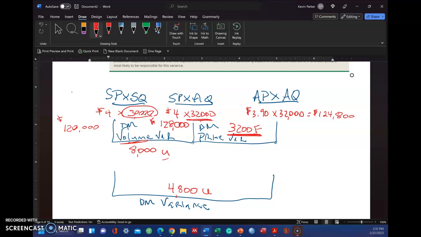All right, so if we had just calculated only the 4,800, we would say, oh man, we didn't make goal, $4,800. Why didn't we make goal? Somebody might say, I don't understand. We're paying less than we budgeted. Well, the reason we didn't make goal is because it took more units.